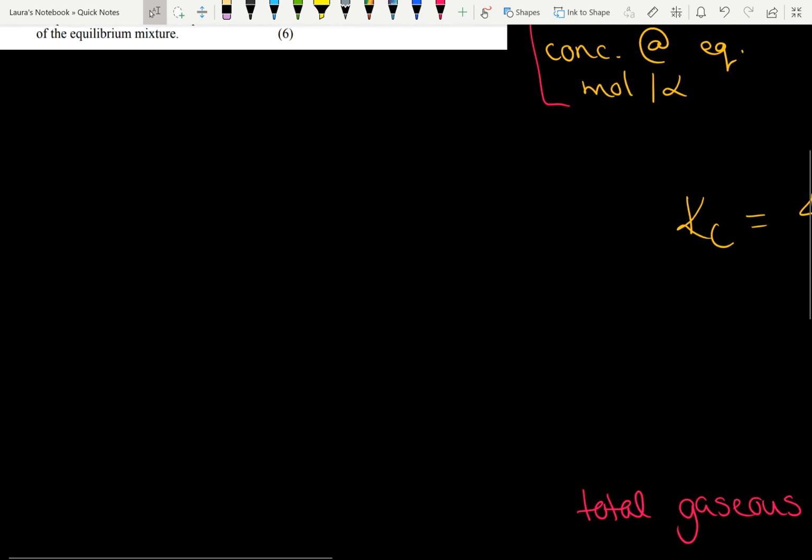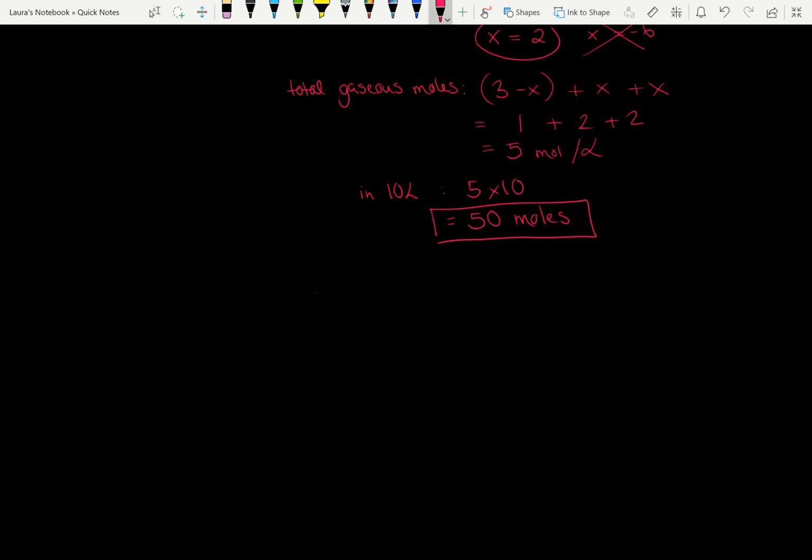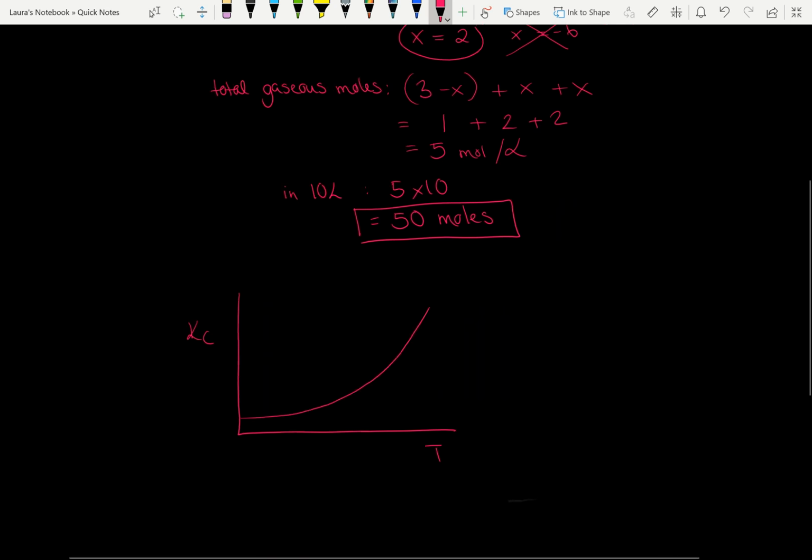Okay, I might just redraw that down here so that we can scribble. So here's our graph. We've got Kc and we've got the temperature. And we can see that we've got this curve. Now what that curve is showing is that as temperature increases, Kc also increases.